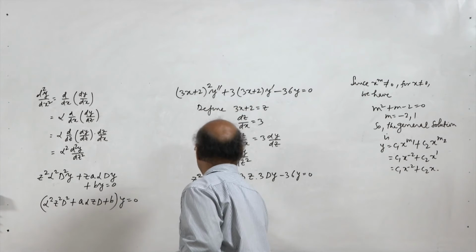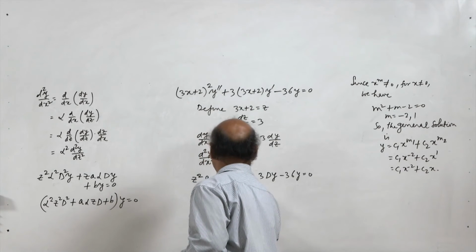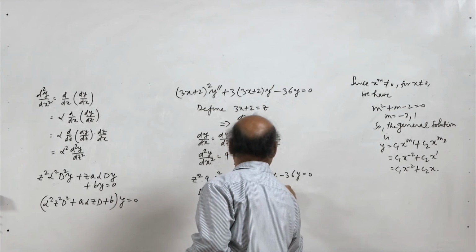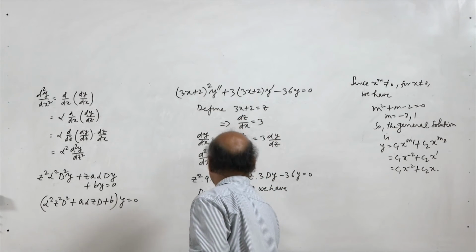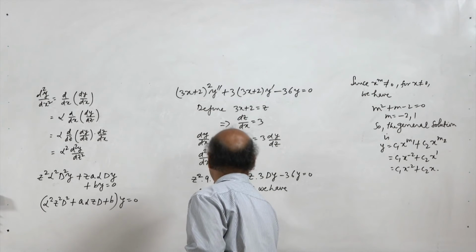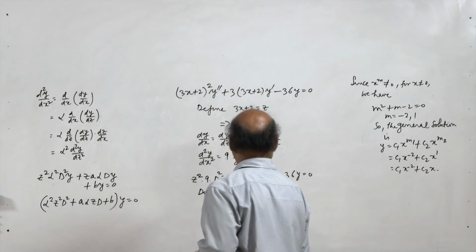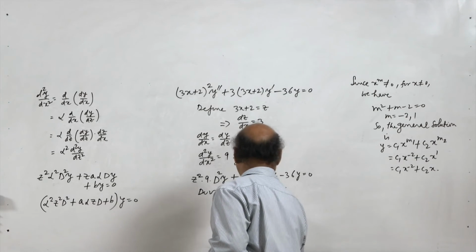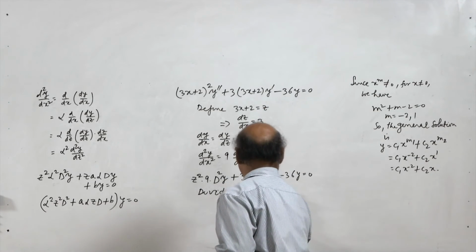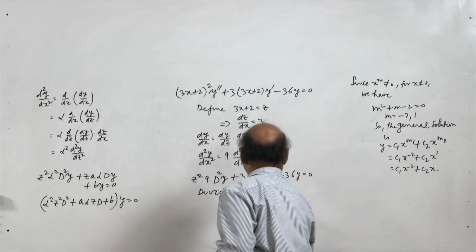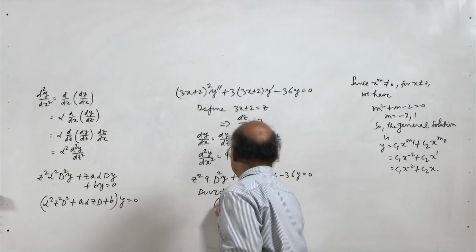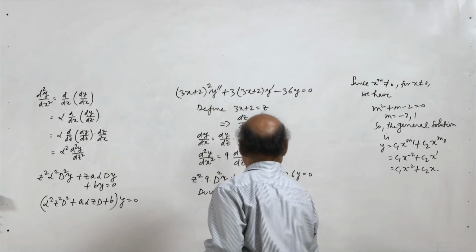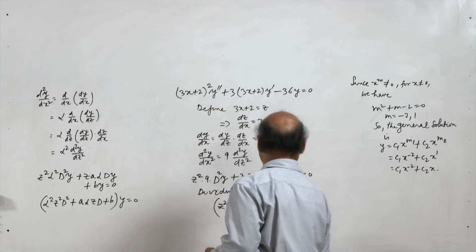So, dividing by 9, we have z square d square y plus z dy by dz minus 4y equal to 0.